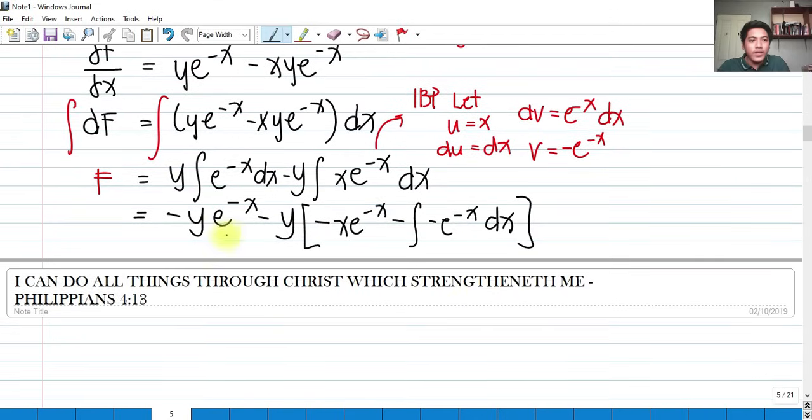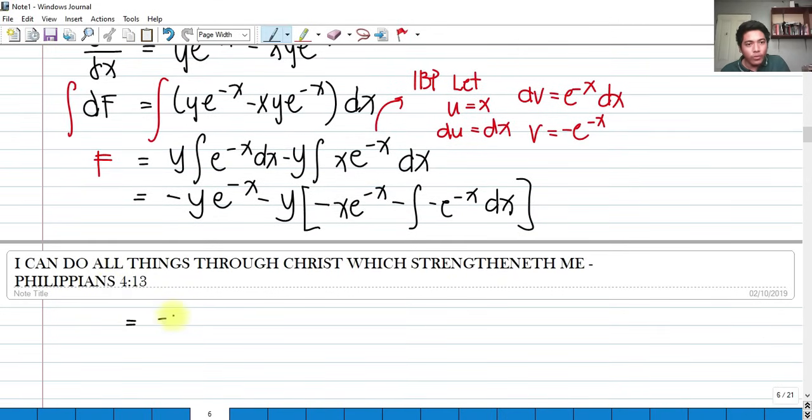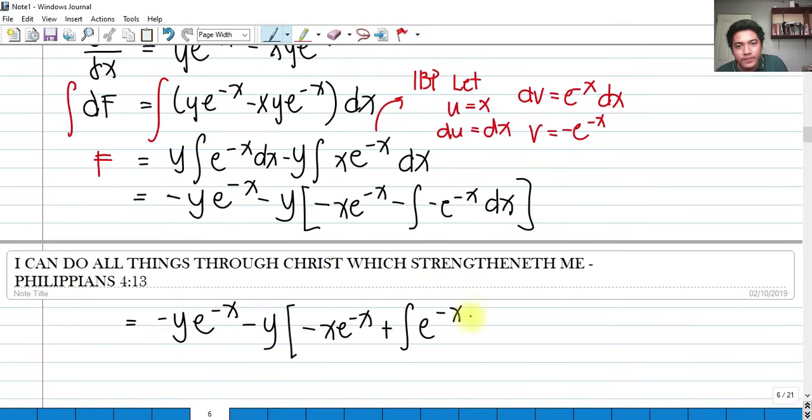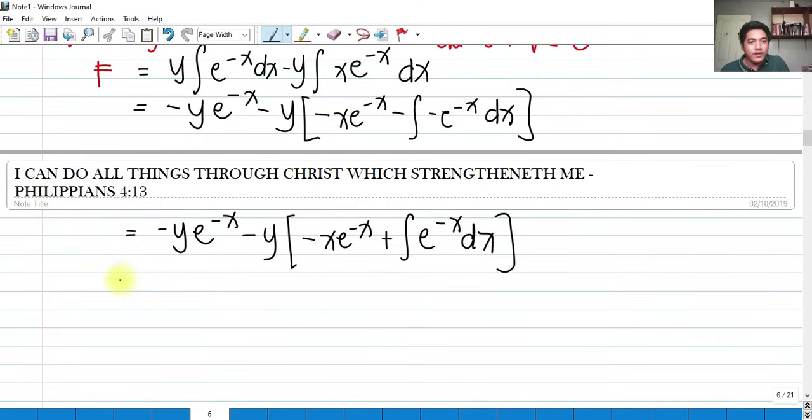So if we're going to rewrite that, negative y e raised to negative x minus y, negative x e raised to negative x, if I factor the negative sign outside the integral sign, negative 1 times negative would become positive, the integral of negative x dx. So what will happen here is negative y e raised to negative x minus y, negative x e raised to negative x.